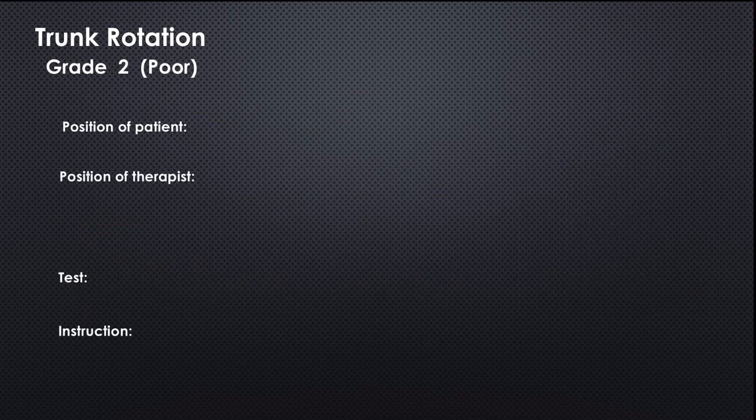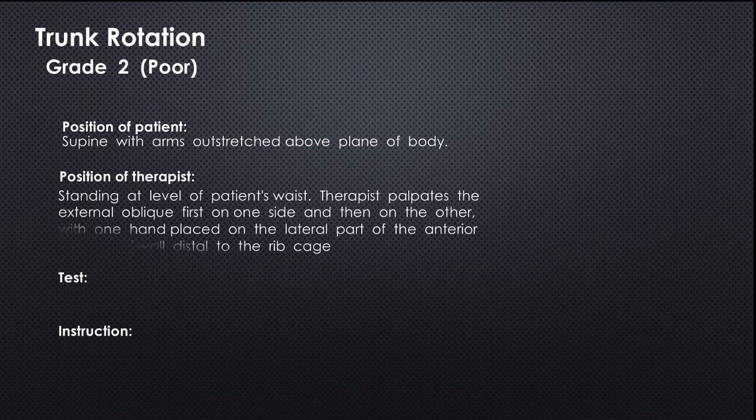So for rotation, grade 2: supine with arms outstretched above the plane of the body, it's still the same. Standing at the level of the patient's waist, the therapist palpates the external oblique first on one side and then the other, with one hand placed on the lateral aspect of the anterior abdominal wall distal to the rib cage. I have a picture here.